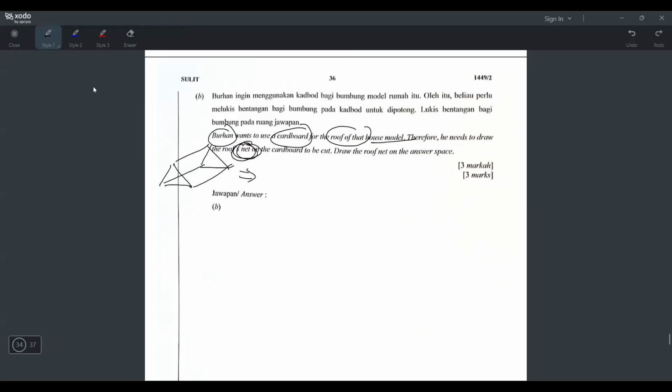When you open it up, it will look something like this. If you open this up, I think it will look like this, and then there's an isosceles triangle, and then there's another isosceles triangle.